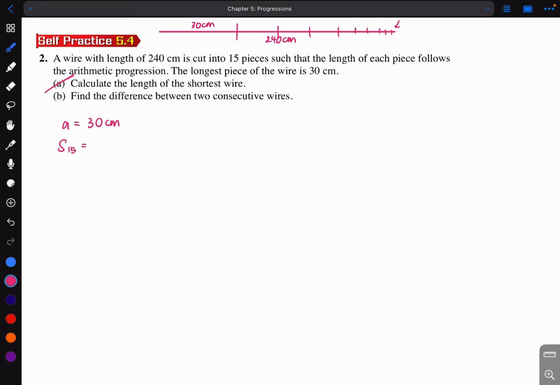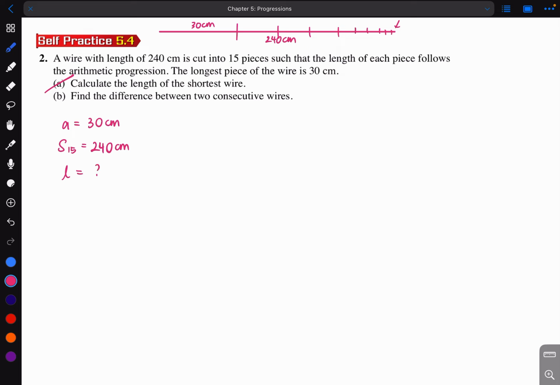S15, the sum of all these 15 pieces, the total sum is 240 cm. We need to find the shortest wire, which is the last piece.